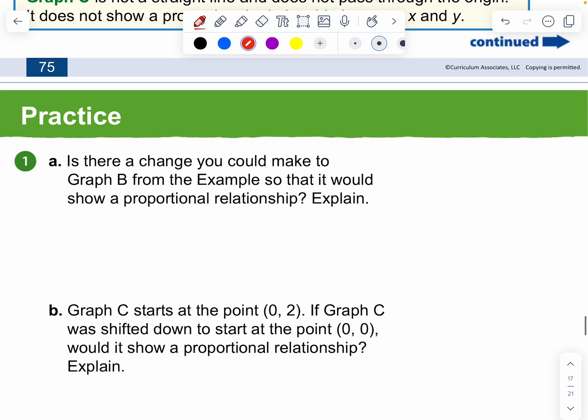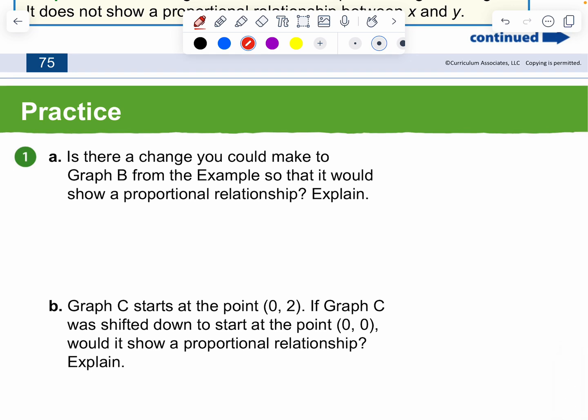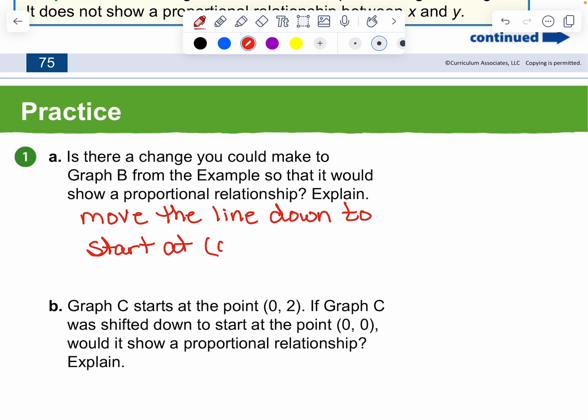Yes. So we could move the line down. Let's just say down to start at 0, 0. Or you could say at the origin.